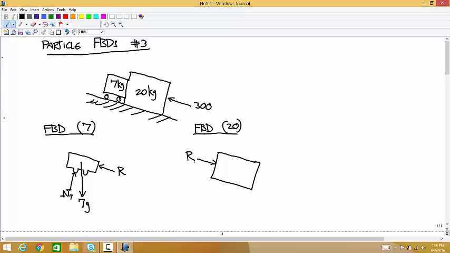Okay? And then there's friction between the 20 kilogram and the ground, and so we treat that as a fully unknown force vector. I'll just write that as F, or if you want to use the subscript notation, that's a good idea: force on the 20 by the ground. And then you have the 300.